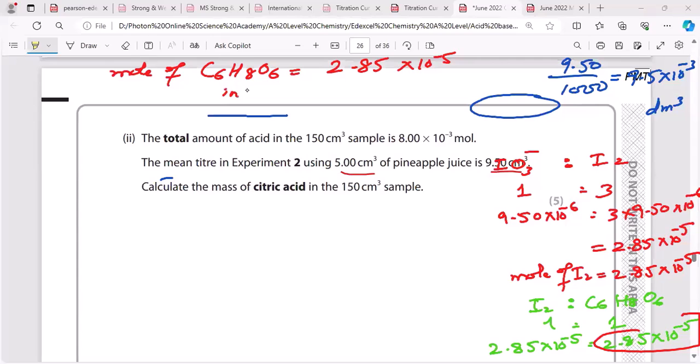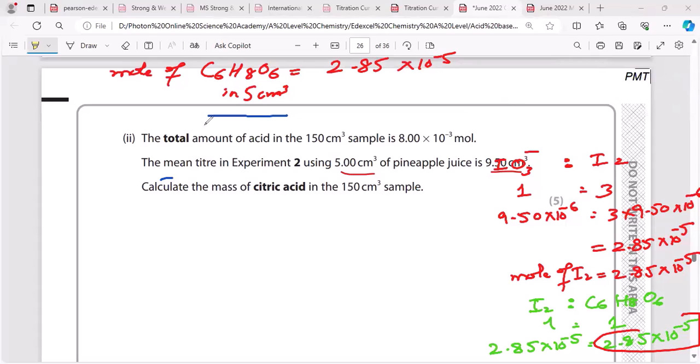And this is in 5 cubic centimeter. So guys, if I have 150 cubic centimeter, let's say I have to find moles of ascorbic acid in 150, then you need to multiply 2.85 with 30.